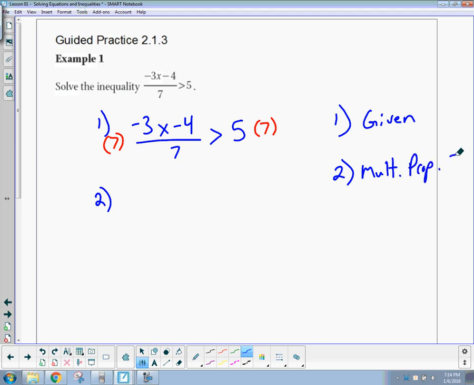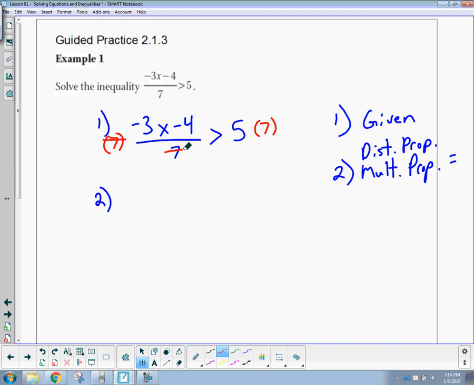Everything's being multiplied. In fact, technically, am I not kind of doing the distributive property for this? So I'll understand both reasons here if you want to put distributive property, because everything is being multiplied by 7. Anyway, 7s will cancel.